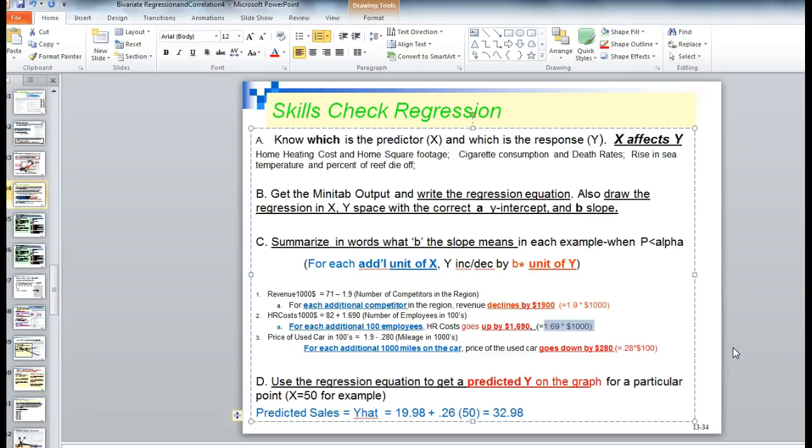Because the units of Y are in thousands of dollars. All right, here we have price of used cars in hundreds and mileage in thousands. For each additional 1,000 miles on a car, price of the used car goes down by $280. Does everybody see how it's 0.28 times 100 would be 280? So you definitely need to practice some of these, but it's pretty darn straightforward if you do practice.